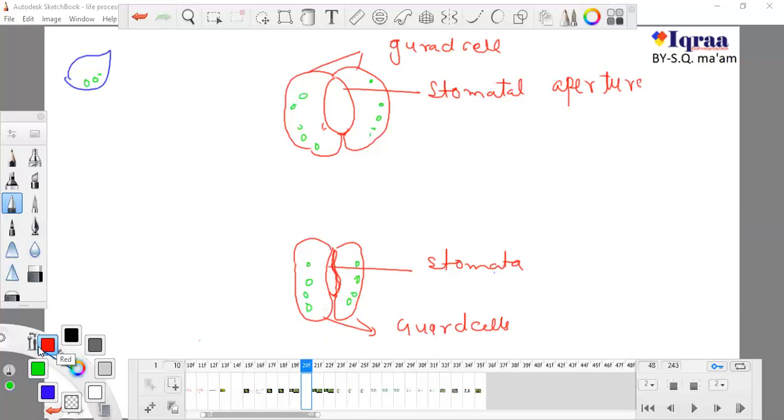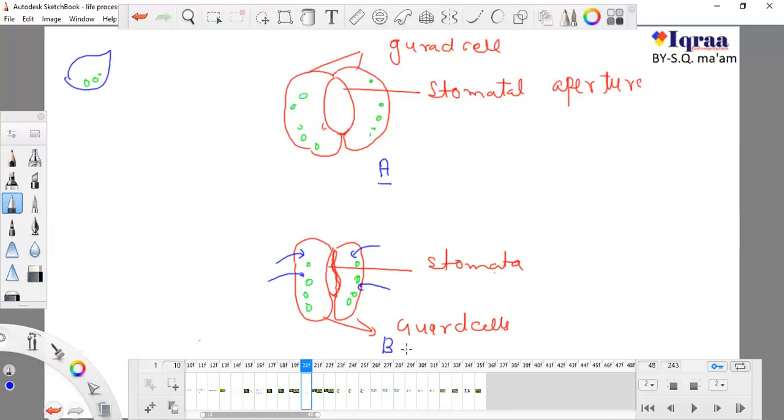So there are two types of guard cells. If there is more water, water will come inside these guard cells. You can see here case A and case B. In case A, the stomatal aperture is swollen, and in condition B the stomatal aperture is very shrunken.